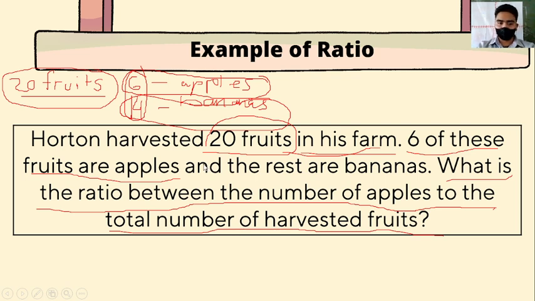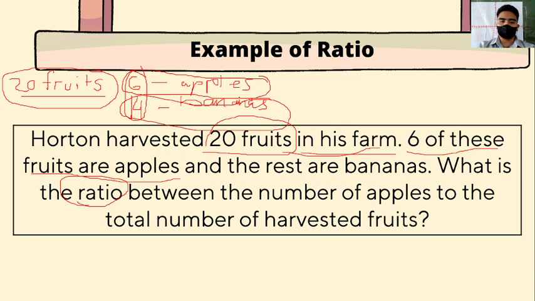So, your first term is the number of apples. What was stated first in the question? The number of apples. The ratio is the one we are going to find. If you say ratio, it could be in colon or in fraction.